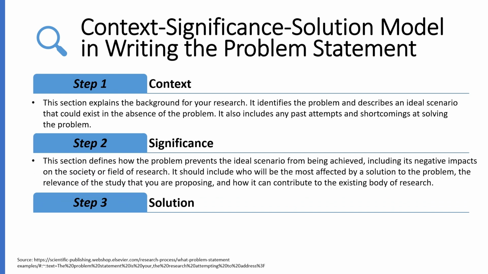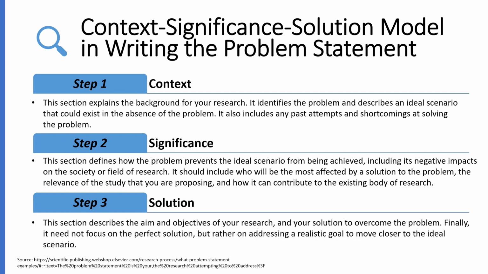Step 2 would now be the significance. In this section, you define how the problem prevents the real scenario or the ideal scenario from being achieved, including its negative impacts on the society or field of research. It should also include how or who will be the most affected by a solution to the problem. So the relevance of the study that you are proposing and how it can contribute to the existing body of knowledge.